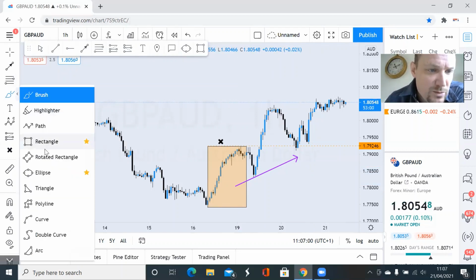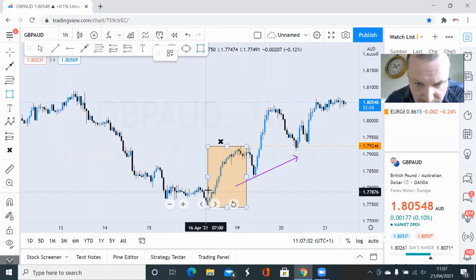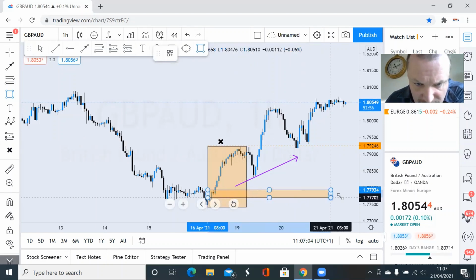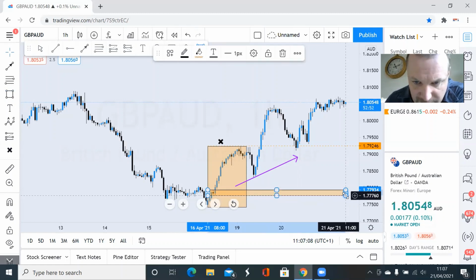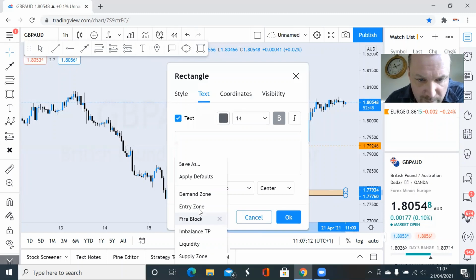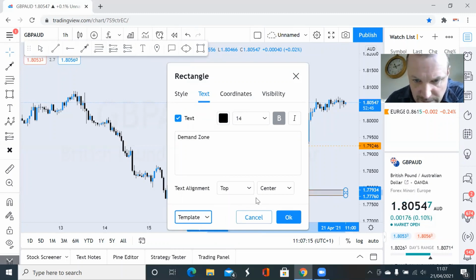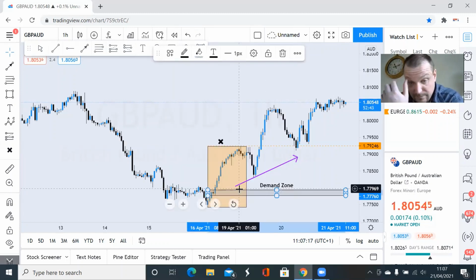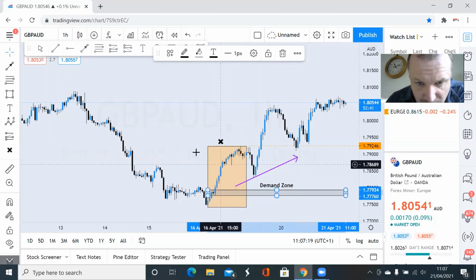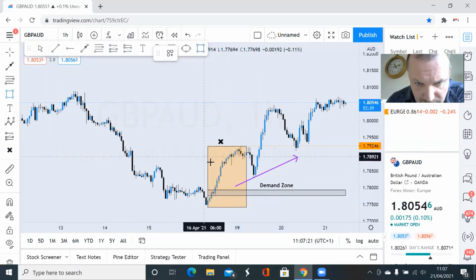Okay, now we've done a module on order blocks. You'll see this area here, the last down before the up. This here would become a demand zone. Okay, we've got an area there.